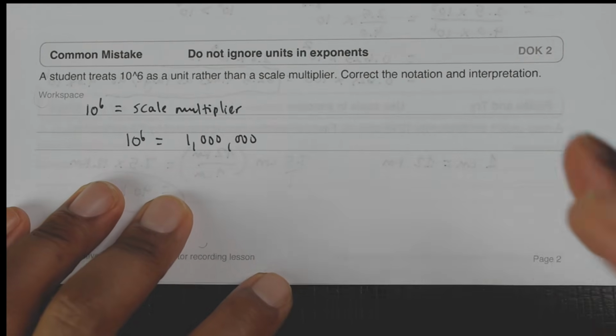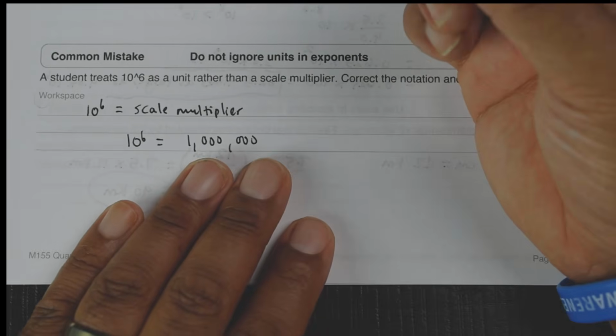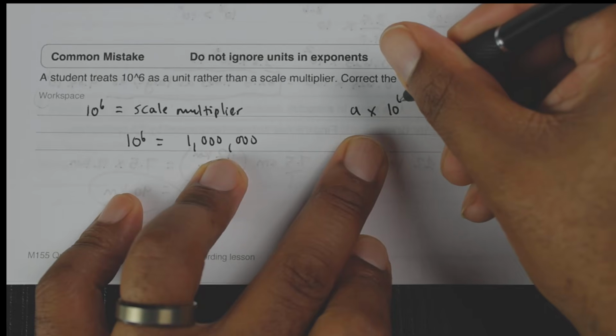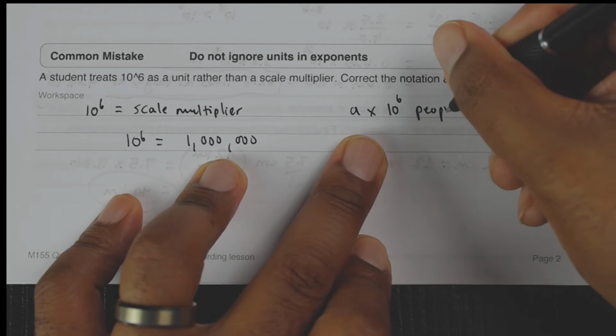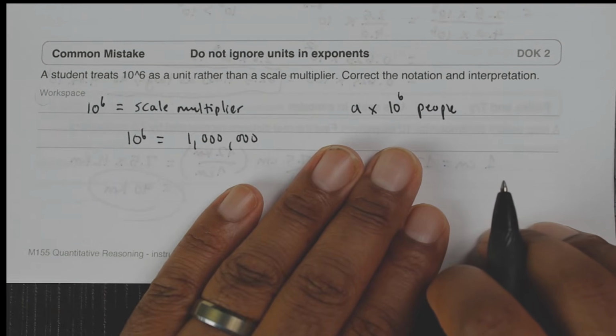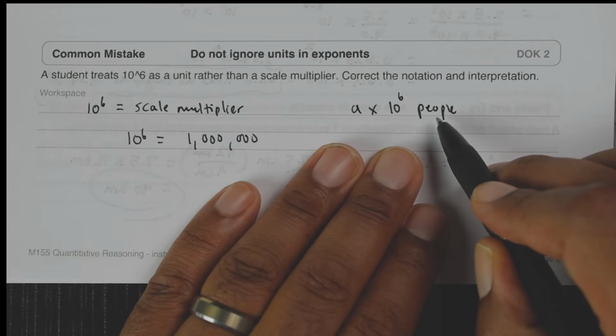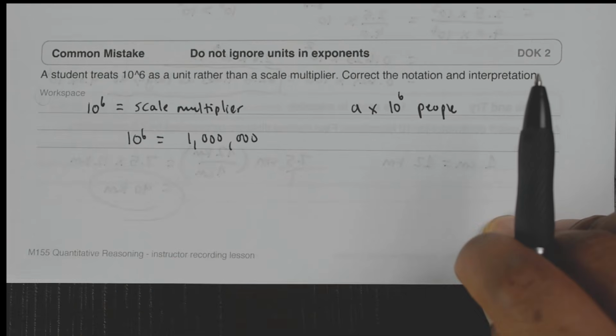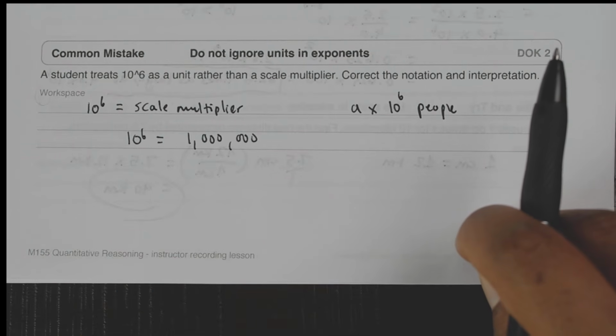So if a quantity is written as a times 10 to the power of 6 people, the unit is people, but the expression 10 to the power of 6 only tells us the scale of the value, right?